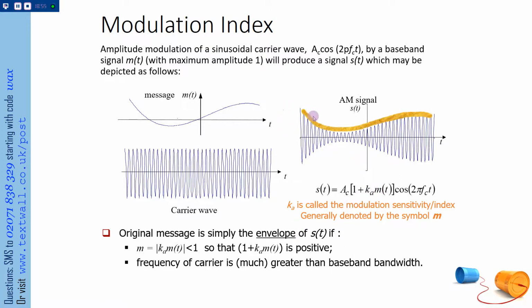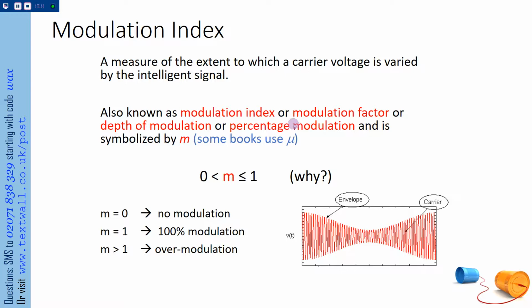What we're trying to do is encode the message in this envelope. And we don't want this envelope to ever equal 0. If this envelope is ever equal to or less than 0, we lose the signal. We'll talk about that in more detail next week.